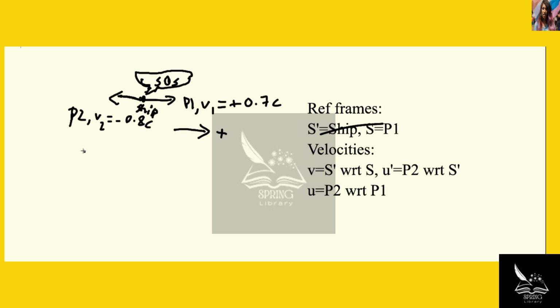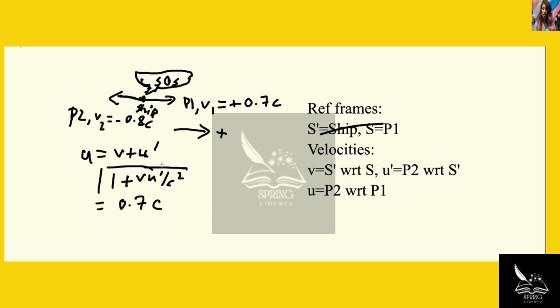The relativistic addition of velocity formula is u equals v plus u prime over 1 plus v u prime over c squared. V, in this case, would be S prime with respect to S, meaning the velocity of the ship with respect to P1. As P1 is moving away at plus 0.7 c, it will appear to it as if the ship is moving away at plus 0.7 c as well.